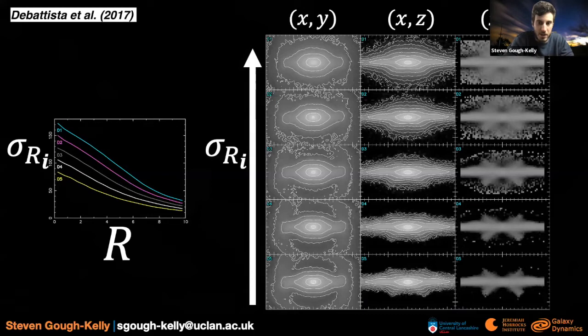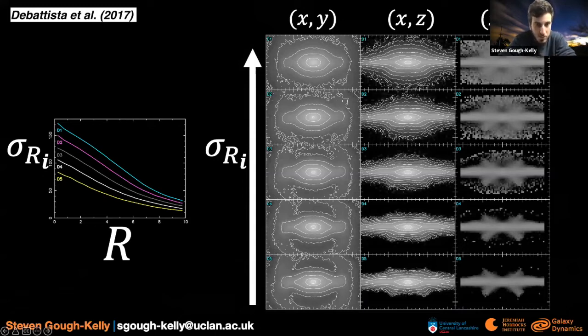So initially kinematically hot populations in a disk evolve into a rounder distribution with a weak bar, whereas kinematically cold distributions evolve into a population that has a very strong bar and can also form a box peanut bulge with supporting kinematics in each case.